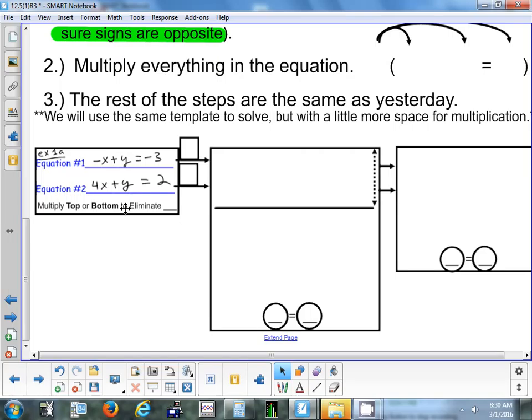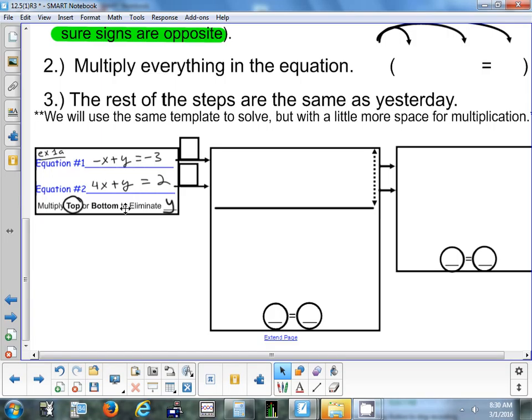I'm going to multiply the top. Victor, when I multiply the top, what variable is going to be eliminated? What variable has the same sign and the same letter? The Y's, right? So I'm multiplying the top to eliminate Y. I'm going to multiply this top equation, and when I do that, it'll eliminate Y.